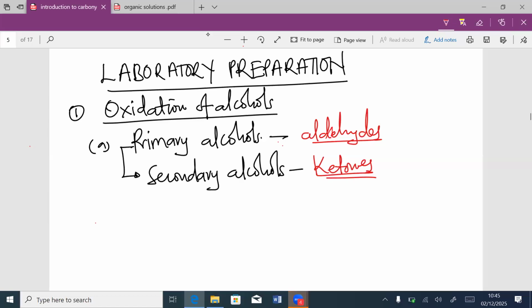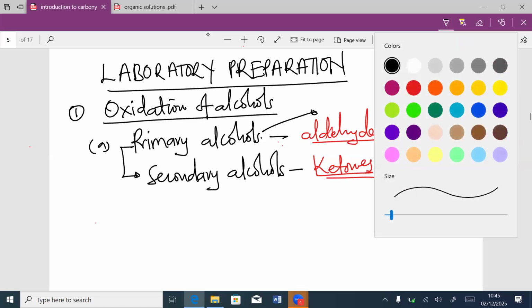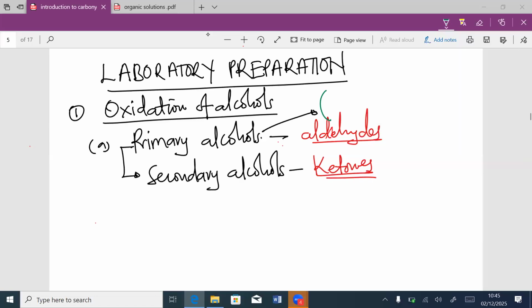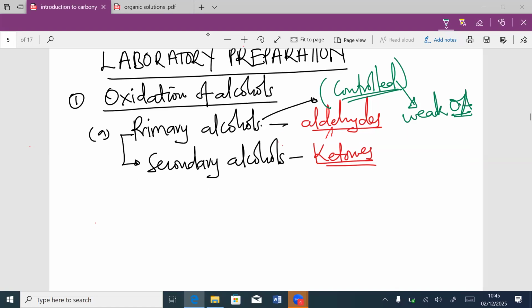However, there is a note here on these primary alcohols. When we are oxidizing primary alcohols, it is called controlled oxidation. The oxidation is controlled. How is it controlled? By using a weak oxidizing agent.